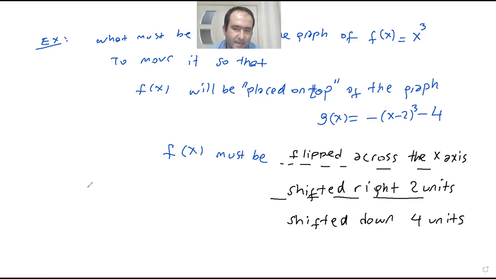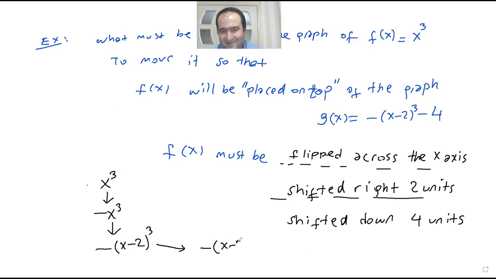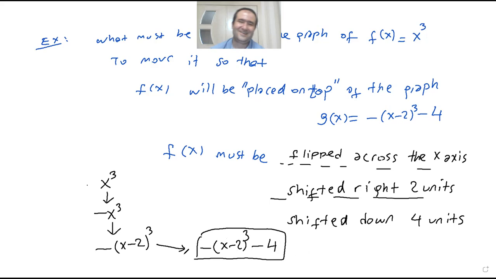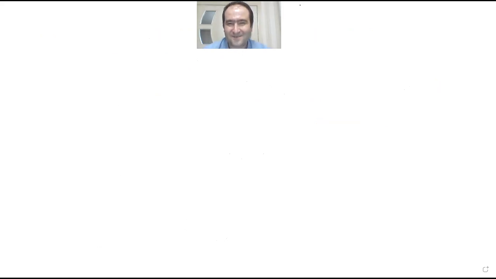Let me apply to x cubed: flipped across the x-axis, minus x cubed, shifted right 2 units, and then shifted down 4 units, okay. Completed, very good.